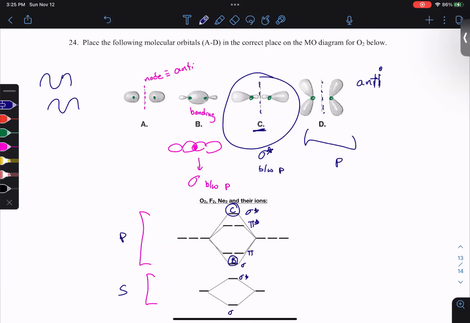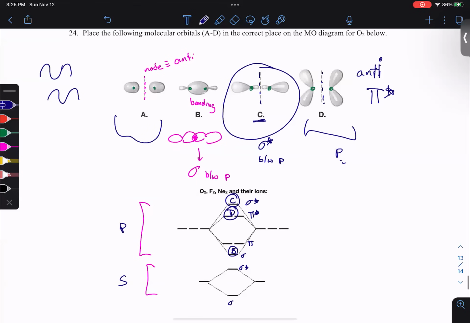That's bond destroying. And then finally, is it a pi or a sigma interaction? Pi. So we are looking for a pi star between p orbitals. But will you find pi interactions with s orbitals? No, you won't. So D goes here.